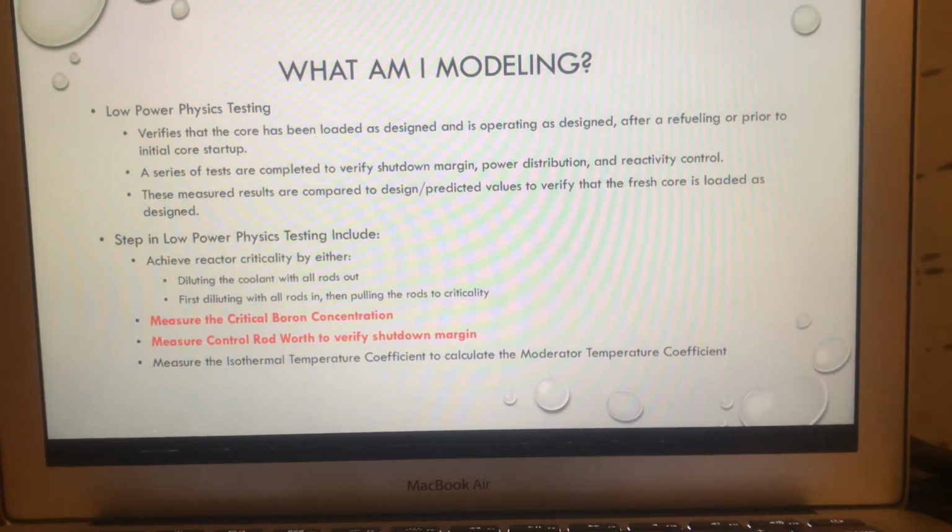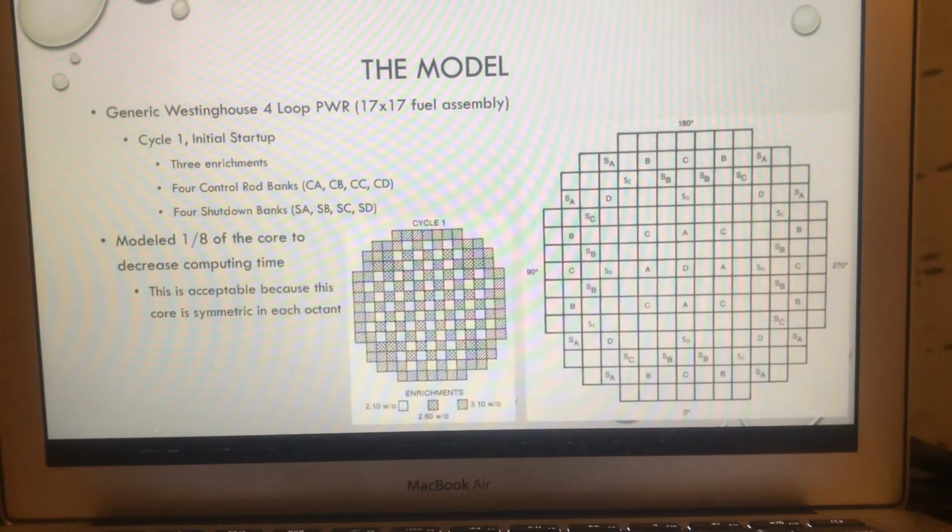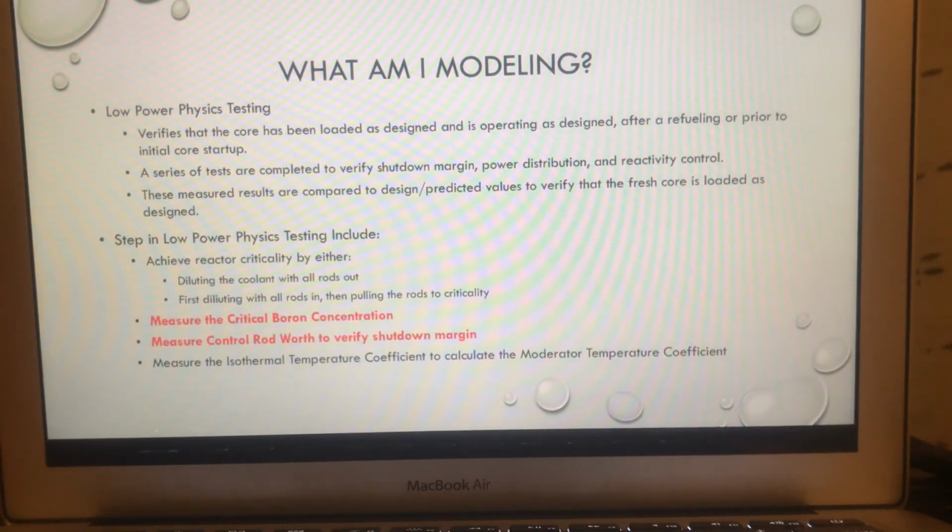So I tried to model that. So the plan is to model the reactor with control bank delta in 18 steps, and then do a K-effective search to find the boron concentration that makes the reactor critical at that condition.